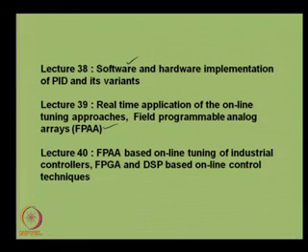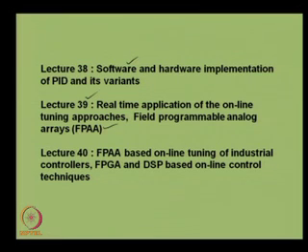We shall see in lecture 39 how in real time one can make use of field programmable analog arrays to design analog PID controllers. There we shall also study how that is superior to field programmable gate array based digital PID controllers.